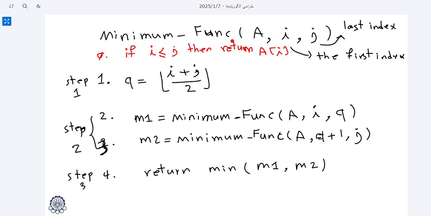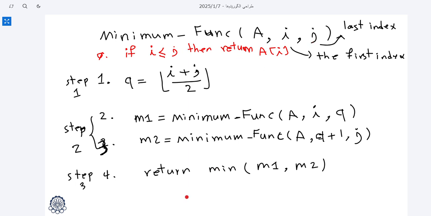If we reach this point where the first index and the last index become equal, we stop the algorithm. We return the only number in the array as the solution and do not continue more. Okay, so the stop condition is if i is less than or equal to j, then return.